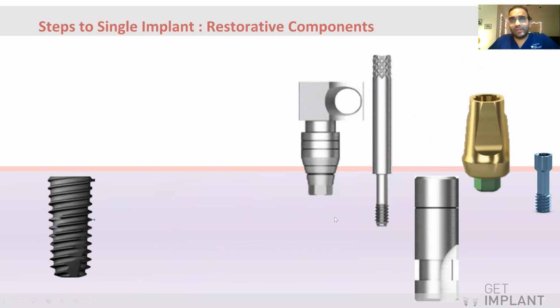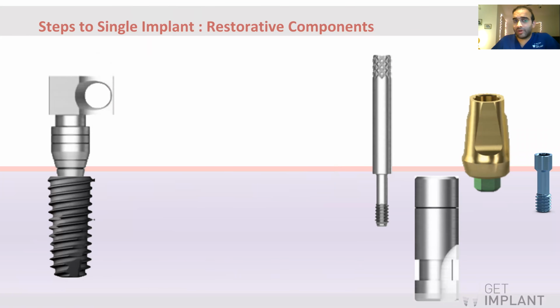When we talk about these different impression techniques, the most common that I use on a routine basis is either an intraoral scan, or, if I'm going analog, an open tray impression post. We place the open tray impression post after the implant is healed. We're only talking about the restorative aspects here.